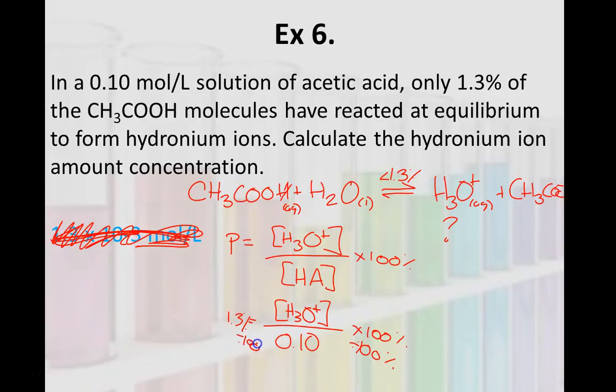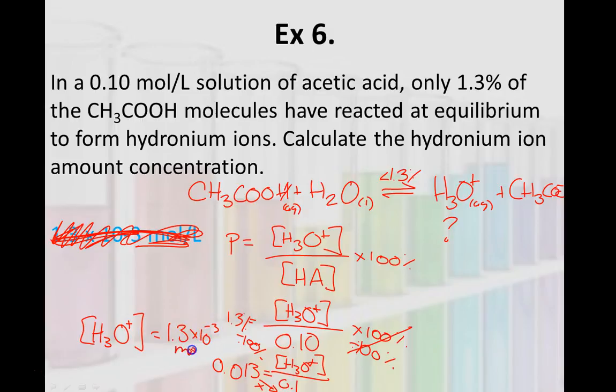That gets rid of this here, and this becomes 0.013 equals the hydronium ion concentration over 0.1, and then I just need to cross multiply. So the hydronium ion concentration is equal to 1.3 times 10 to the negative 3 moles per liter.